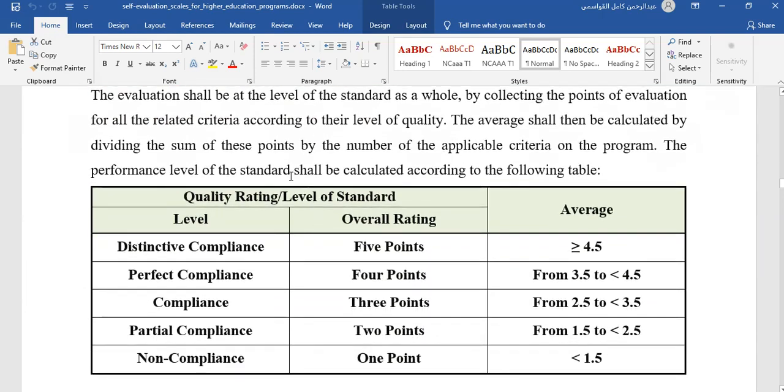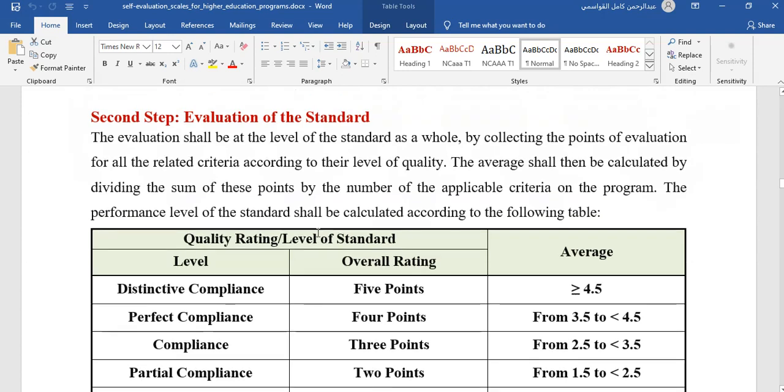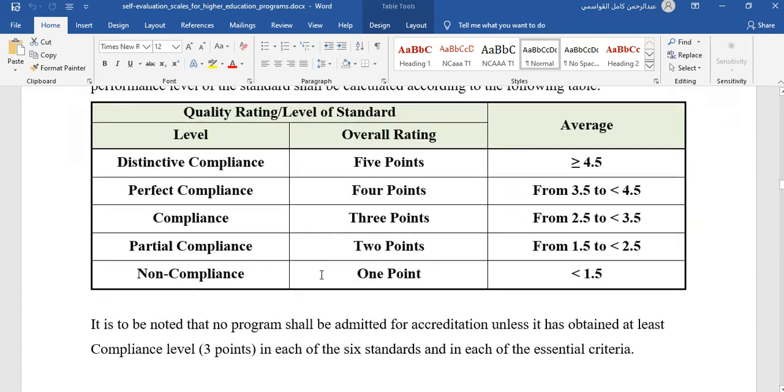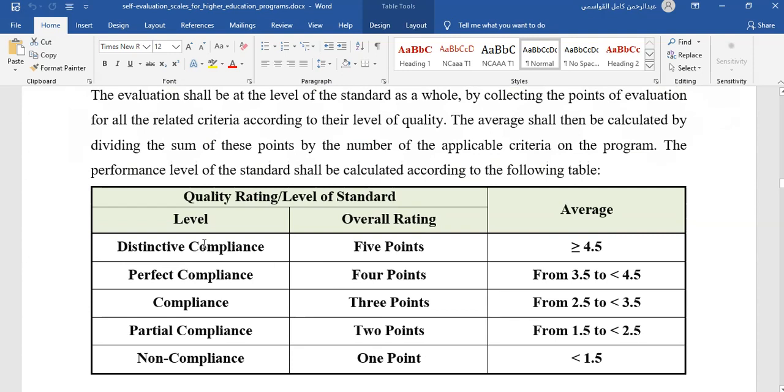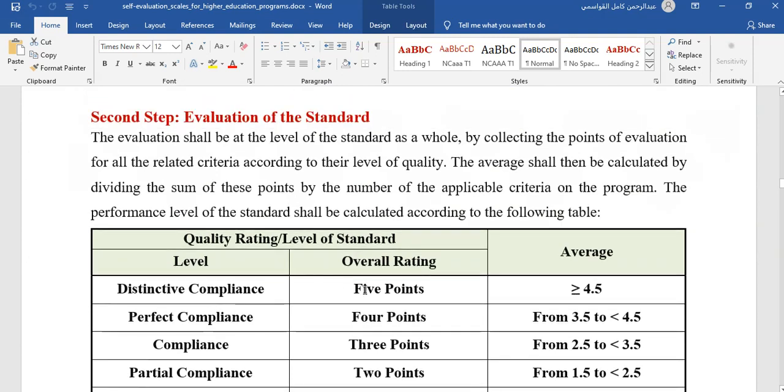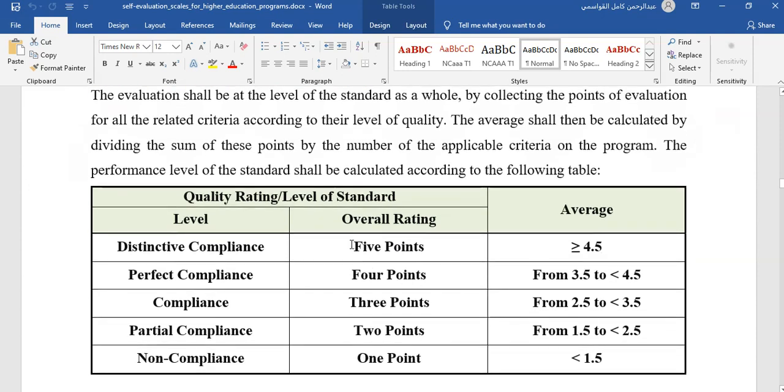Now, how can I evaluate and find the final result? If your self-evaluation scale result is above or equal to 4.5, this means you have 5 points, which means the level is distinctive compliance.